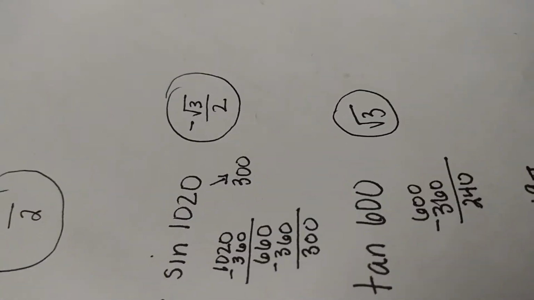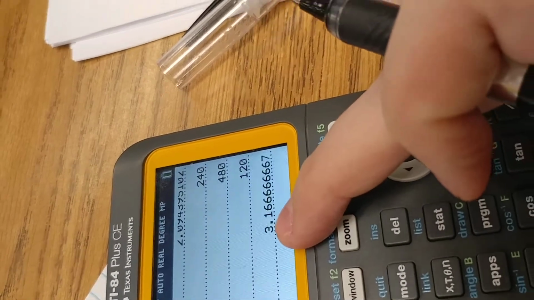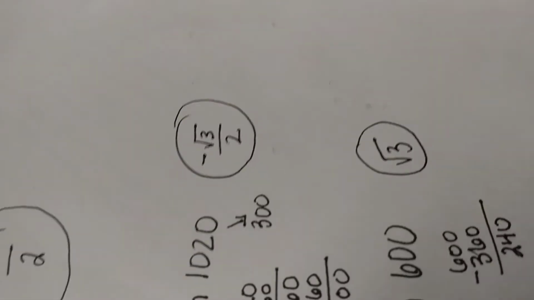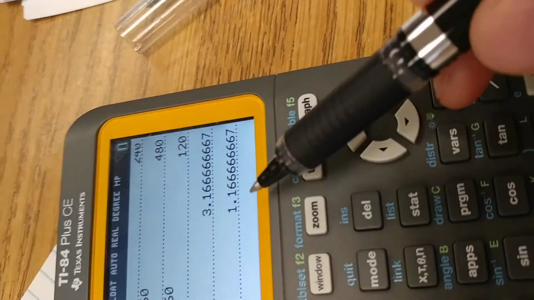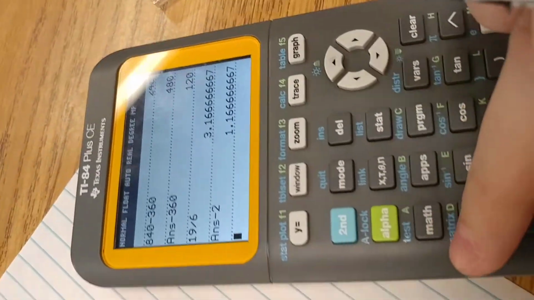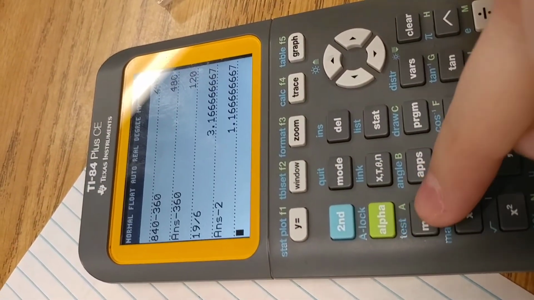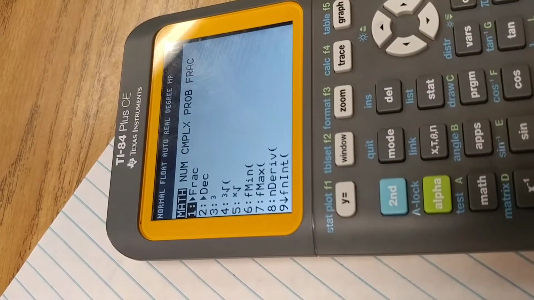Same thing here again. We have cosine of 19 over 6. Obviously not on the unit circle because when I divide, it is bigger than 2. So I'm going to subtract 2 from it because, again, we're dealing with the unit circle. Now we get it in radians. It is less than 2, so we'll push math, enter.